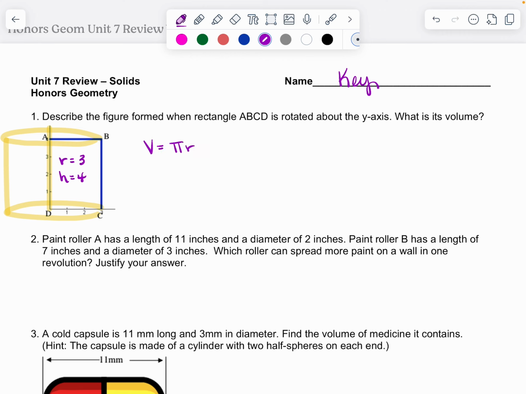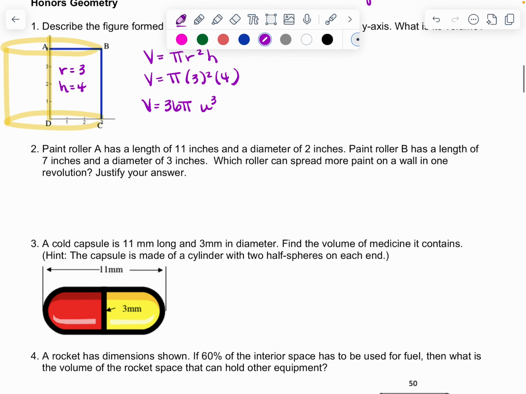That's really all you need, just to understand that it would make a cylinder, and then of course you can find its volume with pi r squared h, so pi times 3 squared times 4, and that of course is going to get us our answer of 36 pi, and I'm going to put units cubed because it's a volume problem. That's it.